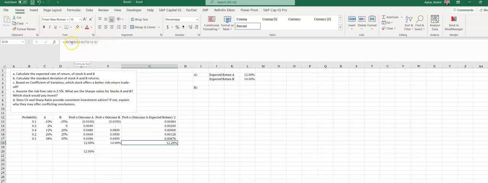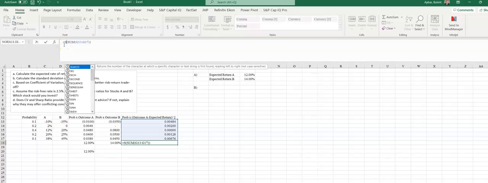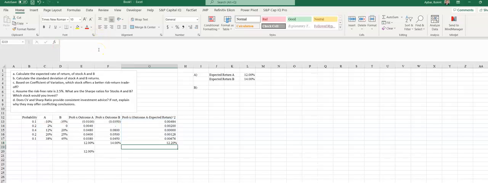As I mentioned, I could also, instead of doing this, let's clean this up, just use the square root function, SQRT. That would produce exactly the same result. As you can see, we got the same result in here by using the square root function.